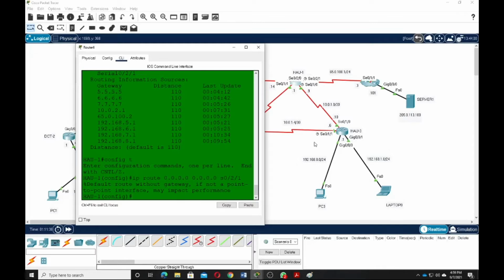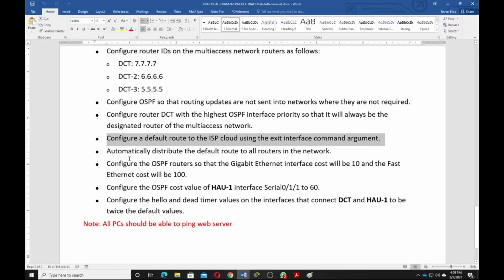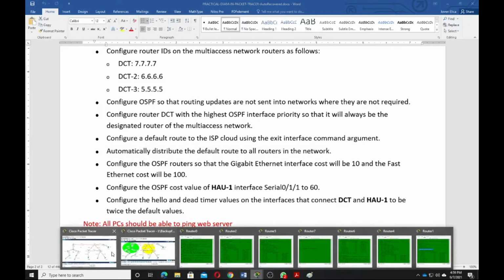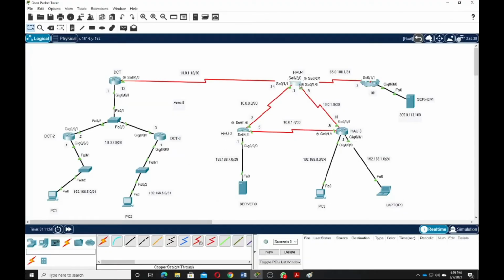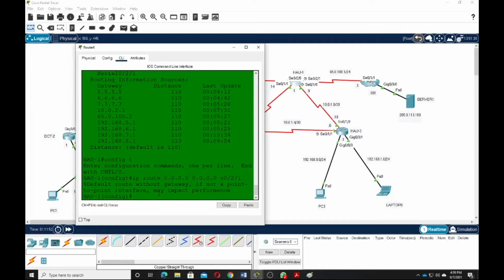Alright, and then the next is automatically distribute the default route. So automatically configure the default route. Okay, so router OSPF 10, default-information originate.